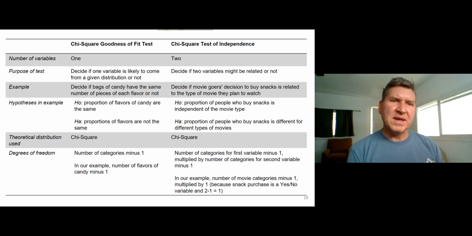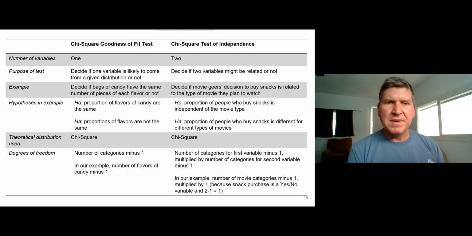An example might be, we try to decide if bags of candy have the same number of pieces of each flavor or not. Maybe you have M&Ms or Jolly Ranchers, and you break open several bags, and you count the number of flavors in each bag. And then you try to see if those bags have exactly the same number of each different flavor.